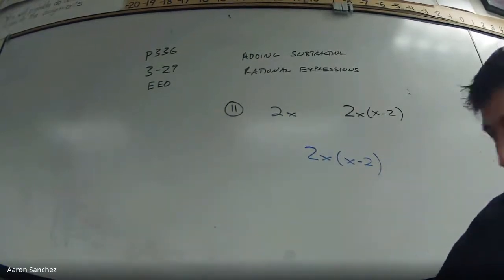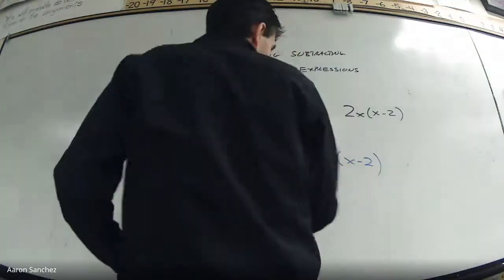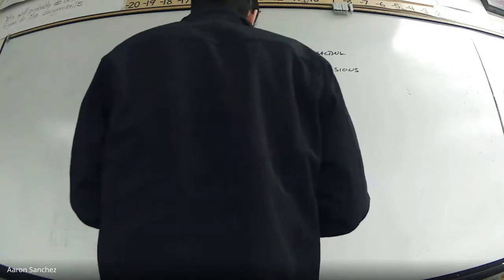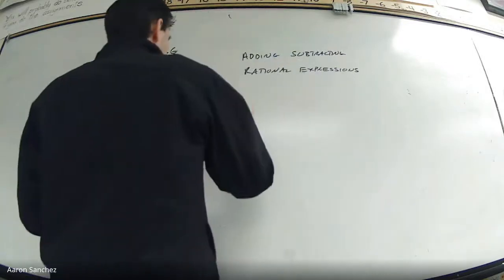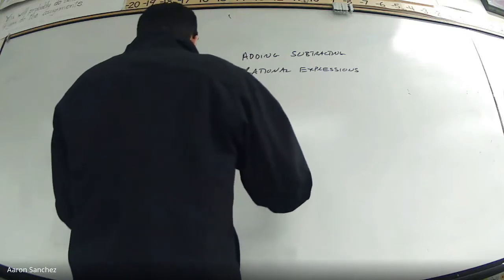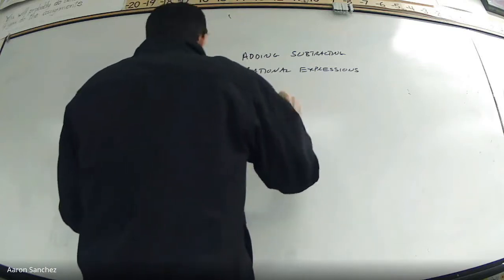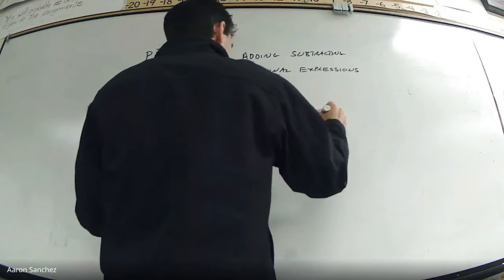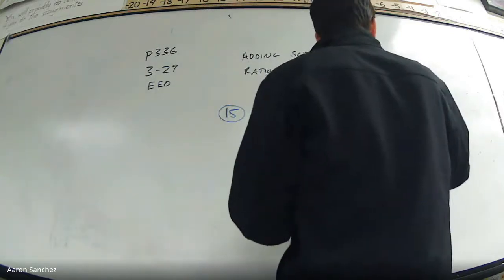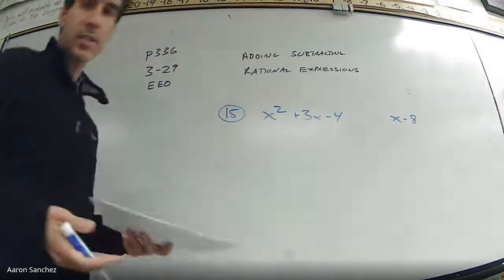Let's do 15. Okay. So 15 is, okay, here we go. x squared plus 3x minus 40 and x minus 8. Okay, so what's the least common multiple?